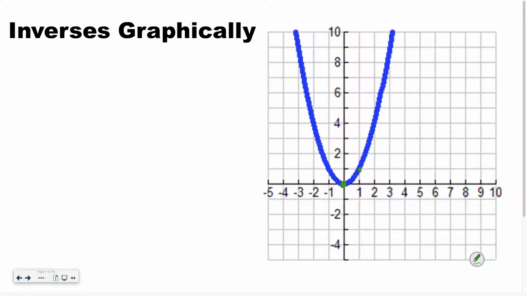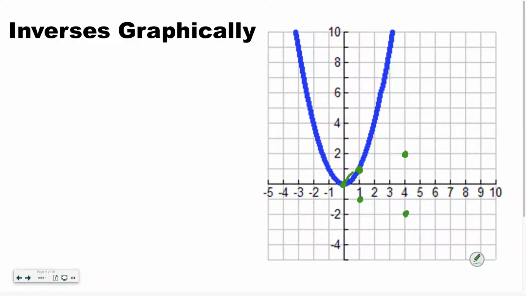Okay. Let's get a little bit more exciting. This coordinate is negative 1, 1. So it becomes 1, negative 1. This coordinate is 2, 4. We flip it, it becomes 4, 2. This coordinate right here is negative 2, 4. We switch x and y, and it becomes 4, negative 2.